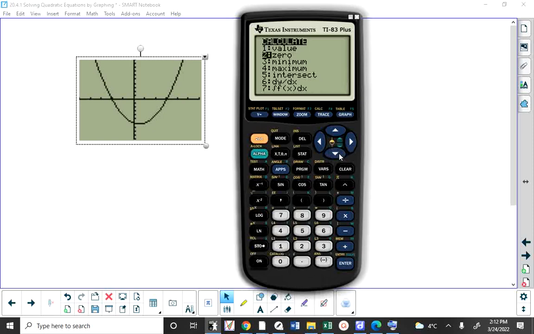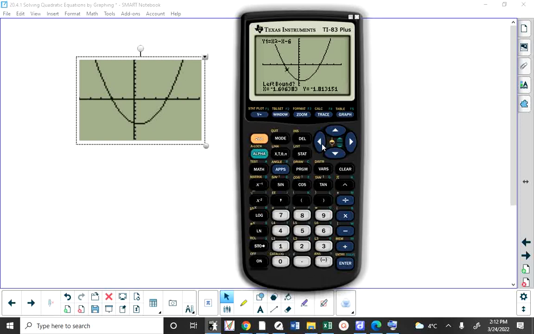That's what I'm finding. That's an x-intercept. It's called a 0. So I hit enter. I put my cursor to the left of one of the x-intercepts. I think many of you can just look at the graph and tell me what they are. But it's not always going to be whole numbers or integers. There could be decimals involved.